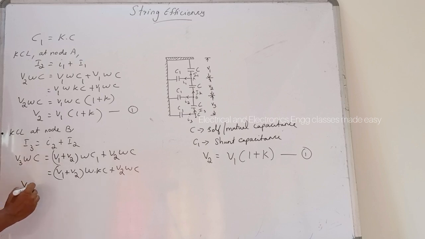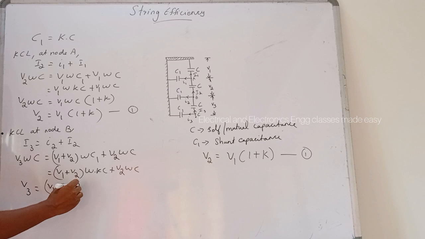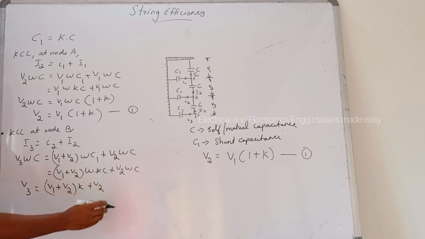So here we will get V3 is equal to V1 plus V2 into K plus V2.